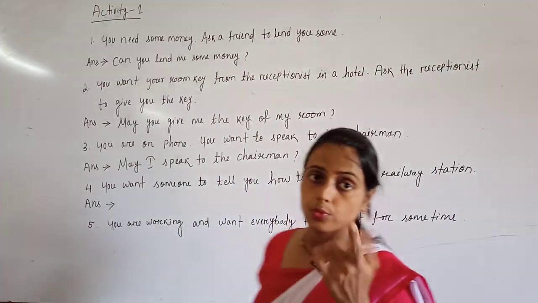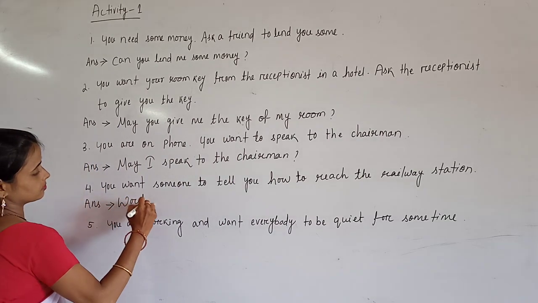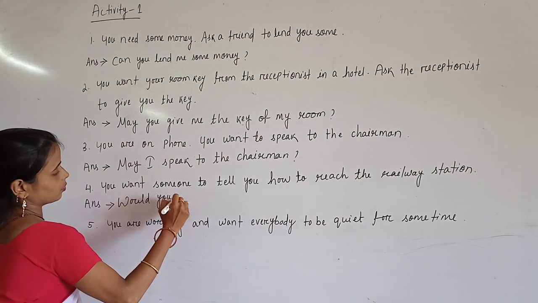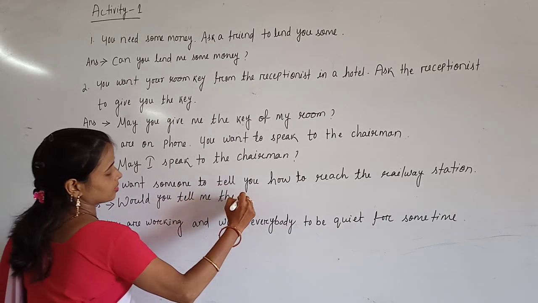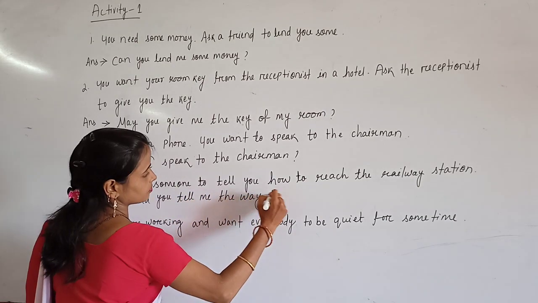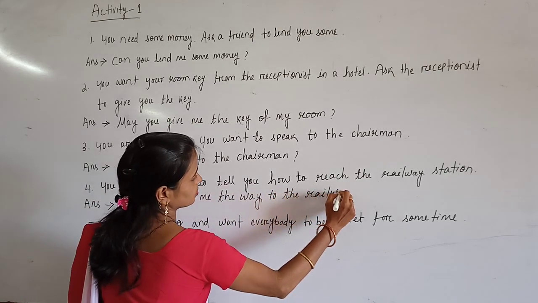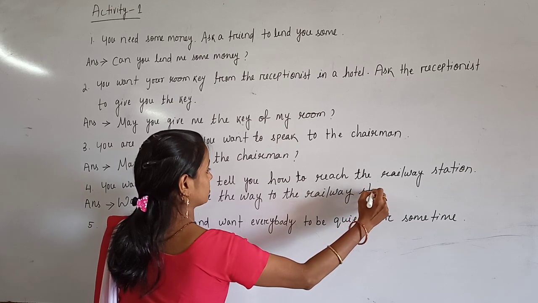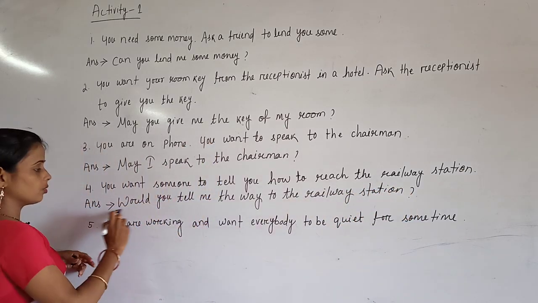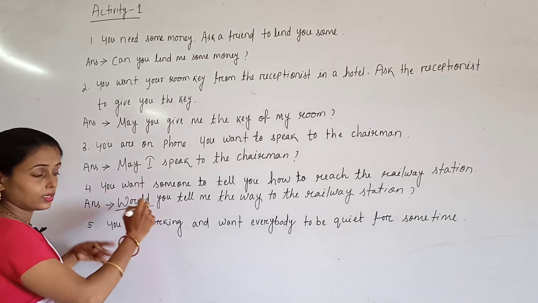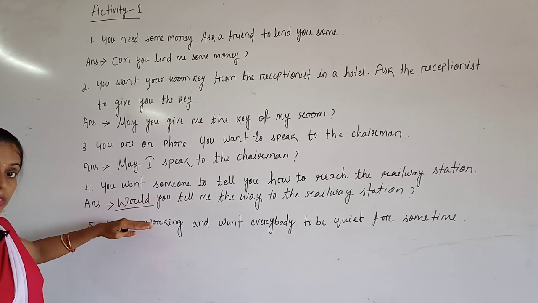So would you tell me the way to the railway station? Understood? So here would is your formal one. You are using the formal model. So this one is would.